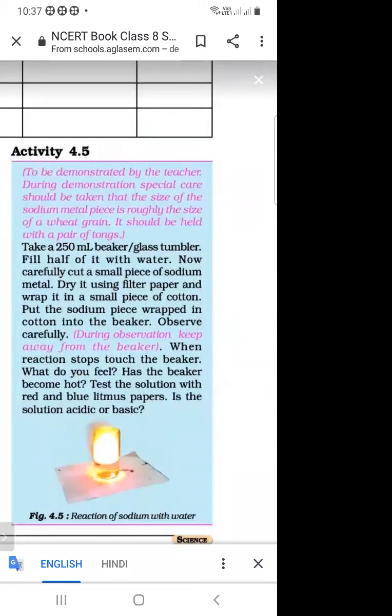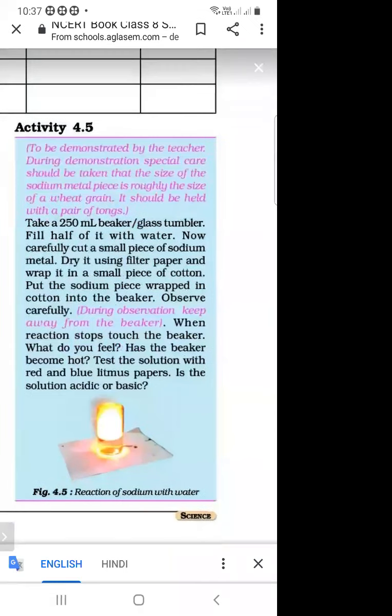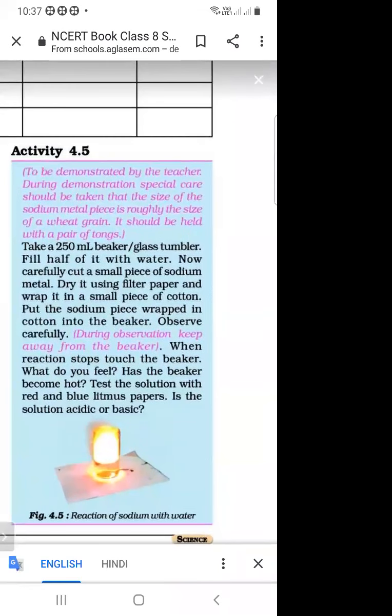And what is a pair of tongs? It is like a spoon with a hanging part, and with its help we can hold the sodium metal.